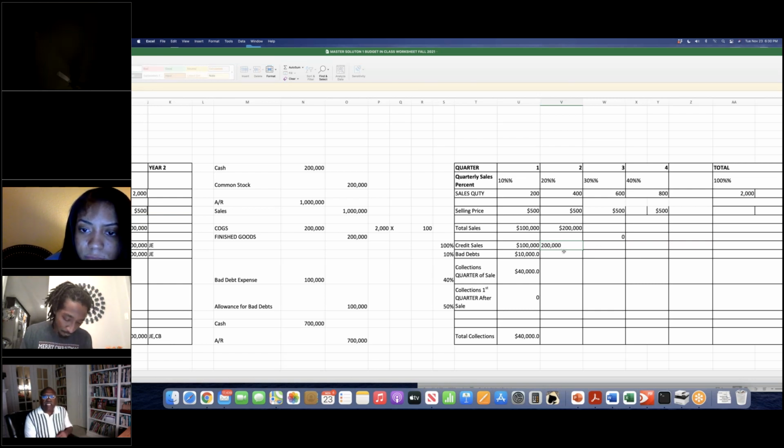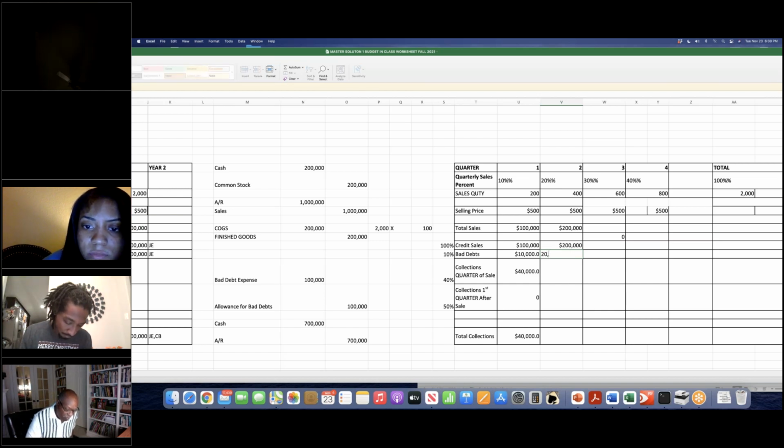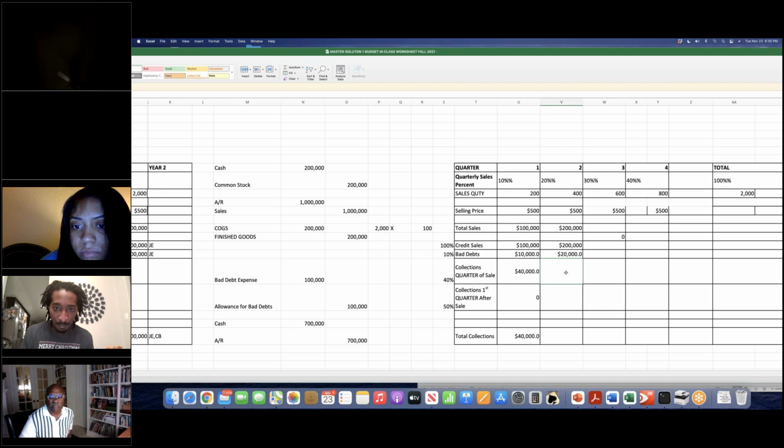So what are the bad debts? 20,000. How much are we collecting? 80,000. And how much are we collecting in the prior quarter? 50,000, because we're collecting based on the 100,000 in that prior quarter.